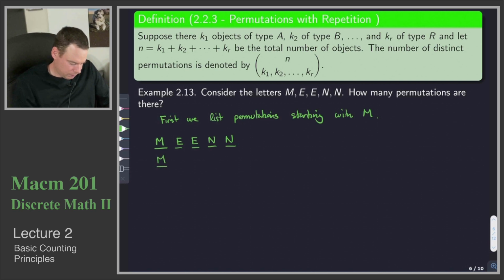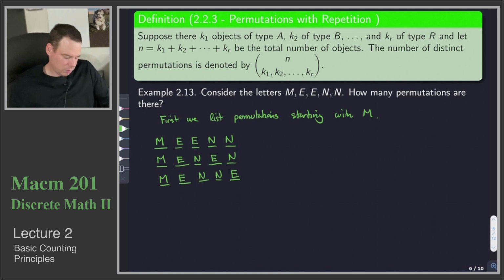So in the dictionary, following this word would be ME, and then that final, or second E I should say, it could appear here, or it could appear here. And I'll fill in the N's for these remaining spots. And those are the only ones that are going to start ME. There's still more that start with M, it's just that these ones would start MN. And MN, and let's see how many we'd list here.